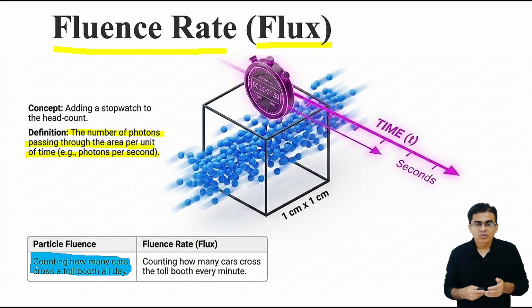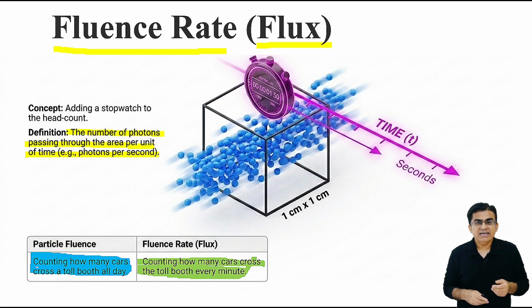For basic fluence, you are just counting the total number of cars crossing the toll booth all day. For fluence rate, you are still standing at that exact same toll booth, but now you are holding a stopwatch in your hand. You are counting exactly how many cars cross the toll booth every single minute.